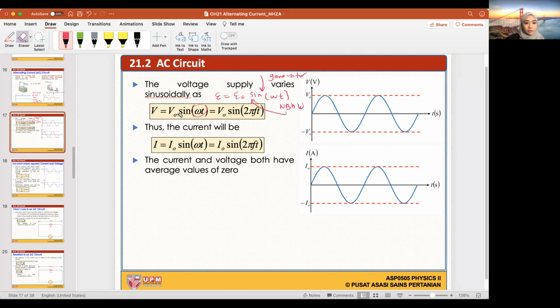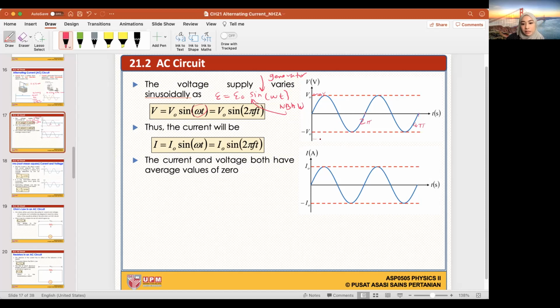So V for an AC circuit is V naught sine omega t, or V naught sine 2 pi f t. I is equal to I naught sine omega t, or I naught sine 2 pi f times t. And again, just draw your sine function, label one cycle as 2 pi, two cycles as 4 pi. This is your Vmax, V naught is your Vmax.